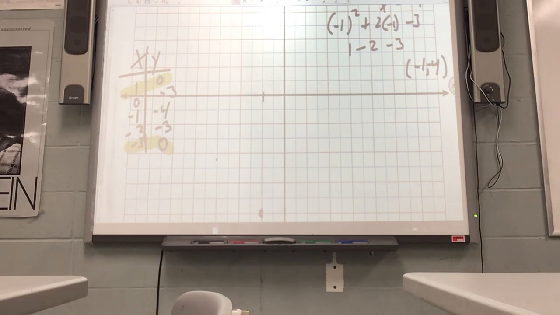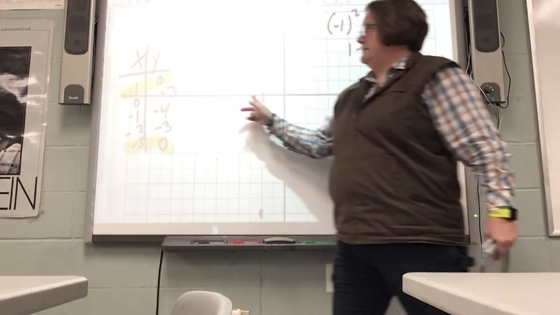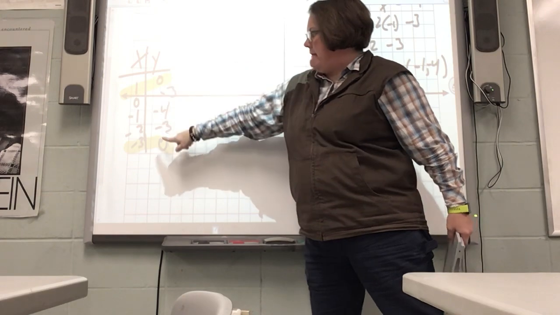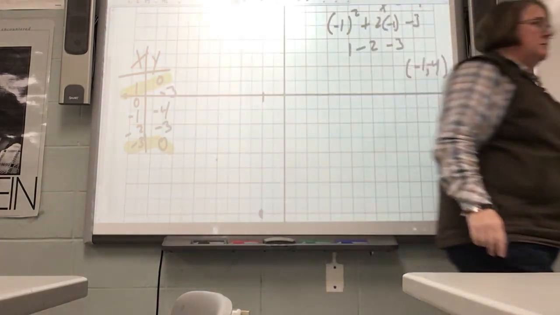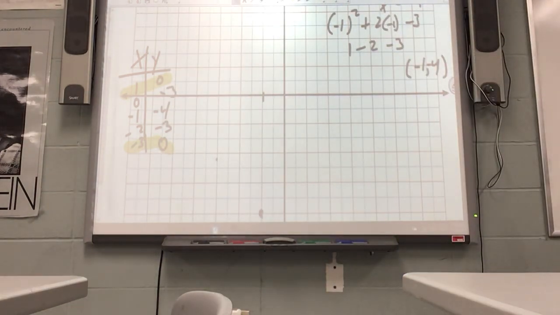If I am where I cross the x-axis, it means I didn't go up or down any, so the y value has to be at 0. So if you went ahead and plotted those, right 1 up 0, over 0 down 3.